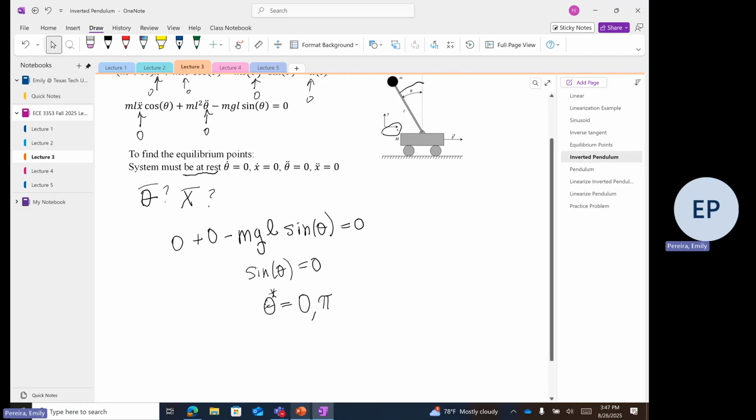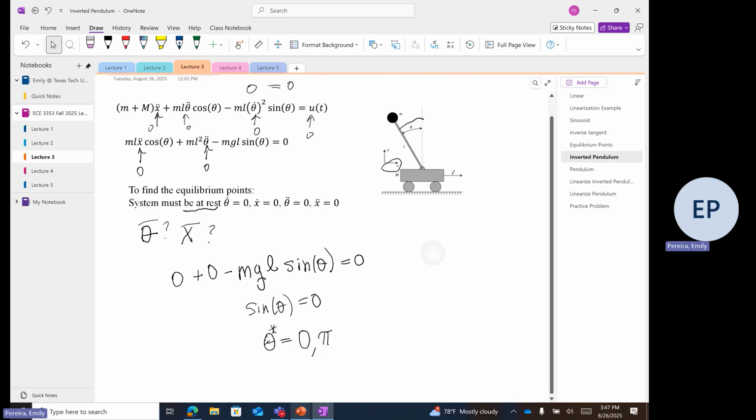It's either going to start at 0 or pi. Again, as a reminder, by the definition, the 0 is going to actually start at the vertical, and then the pi is going to be at 180 degrees from it.